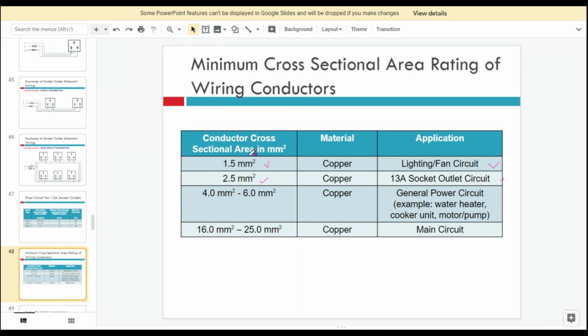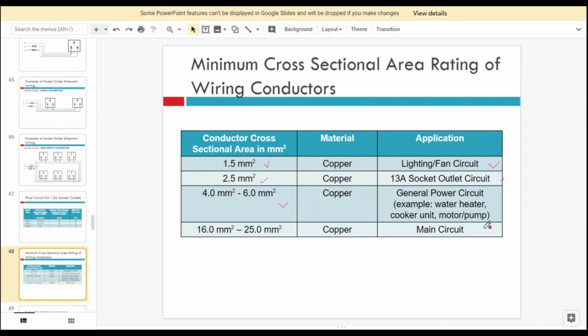But actually there's a calculation on how to determine the sizing of the cable that can be used. Okay. And then we have the general power circuit, for example, water heater, cooker unit, motor or pump. So the sizing is around 4 to 6 square millimeters.